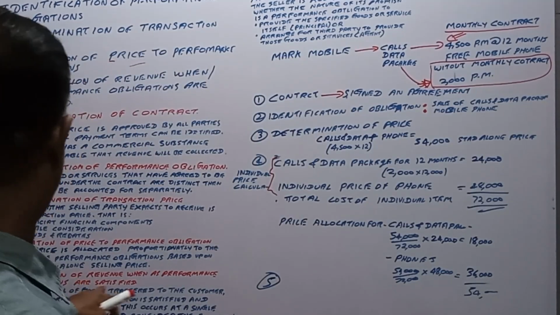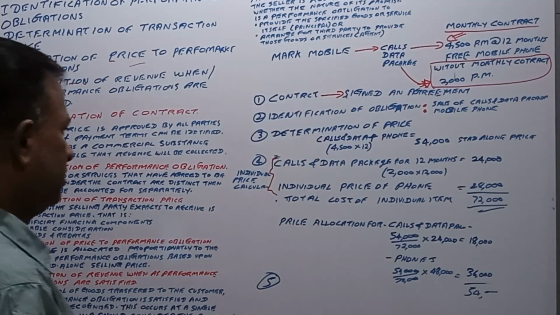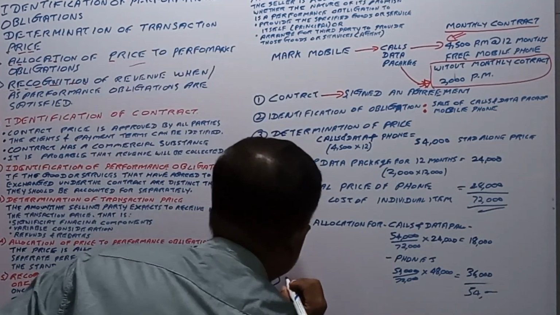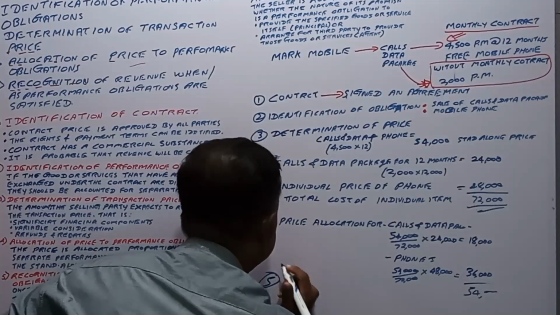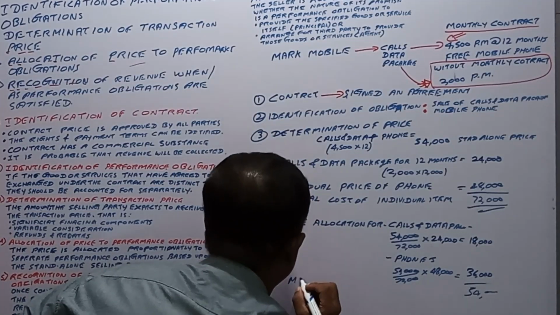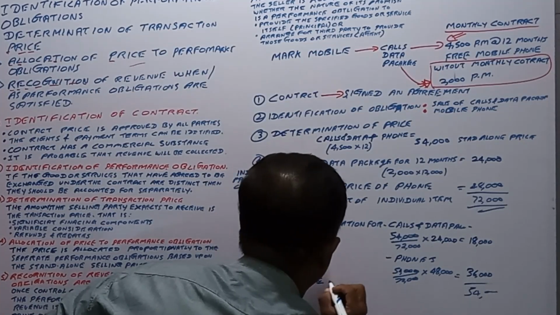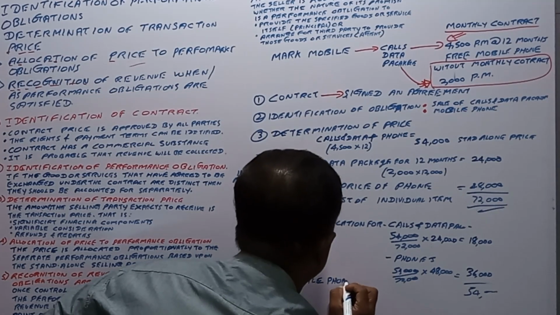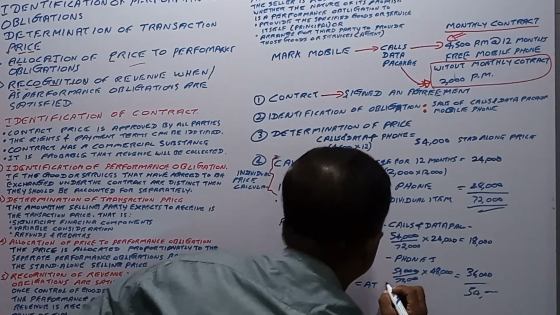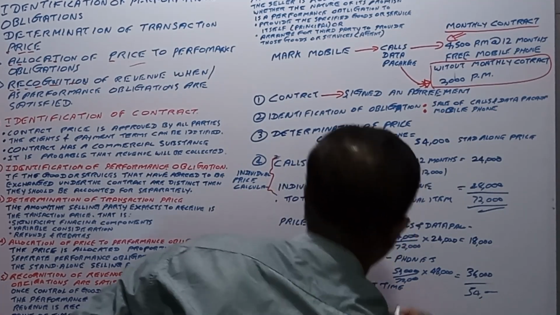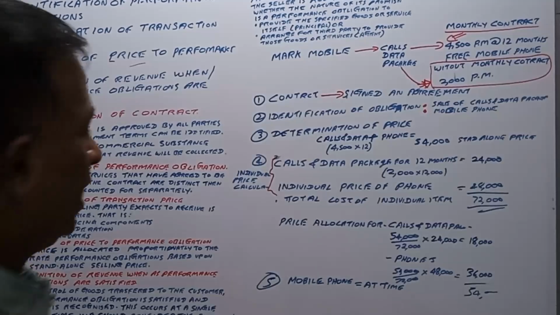Fifth one is recognition of revenue as performance obligations are satisfied. Right. Performance obligations are satisfied for the mobile phone at a point in time, right?